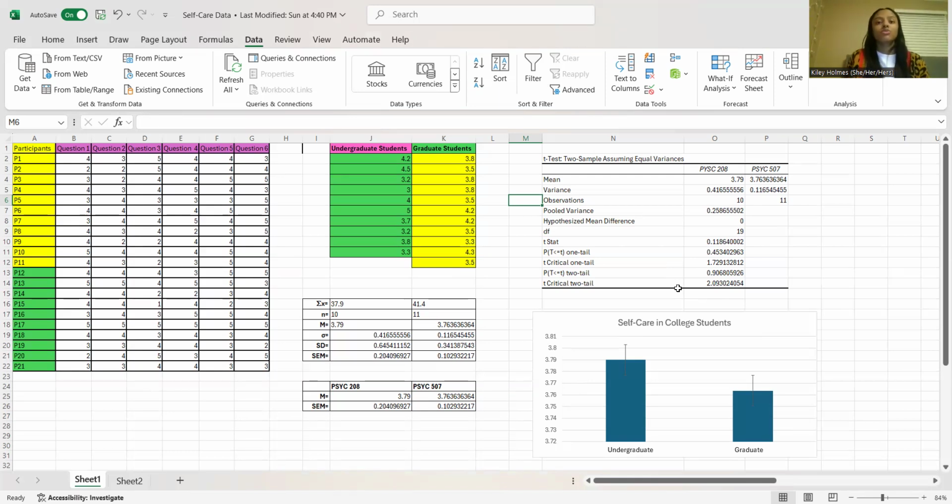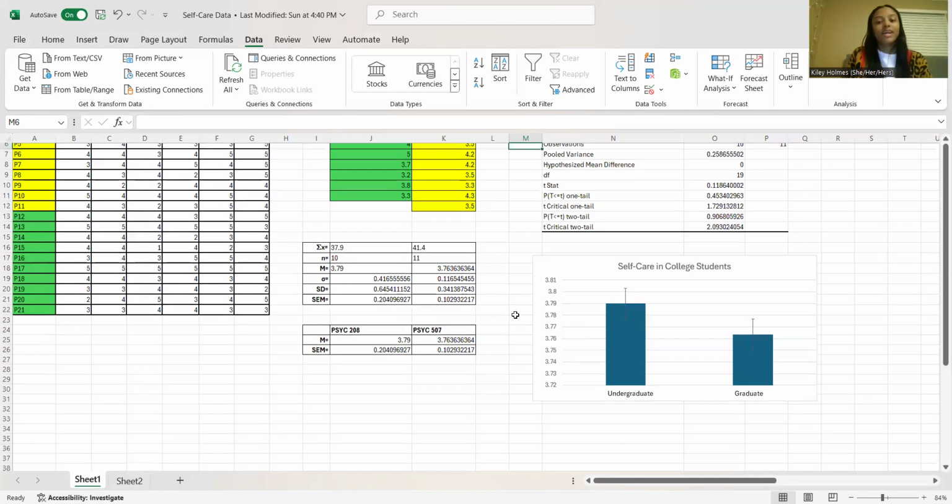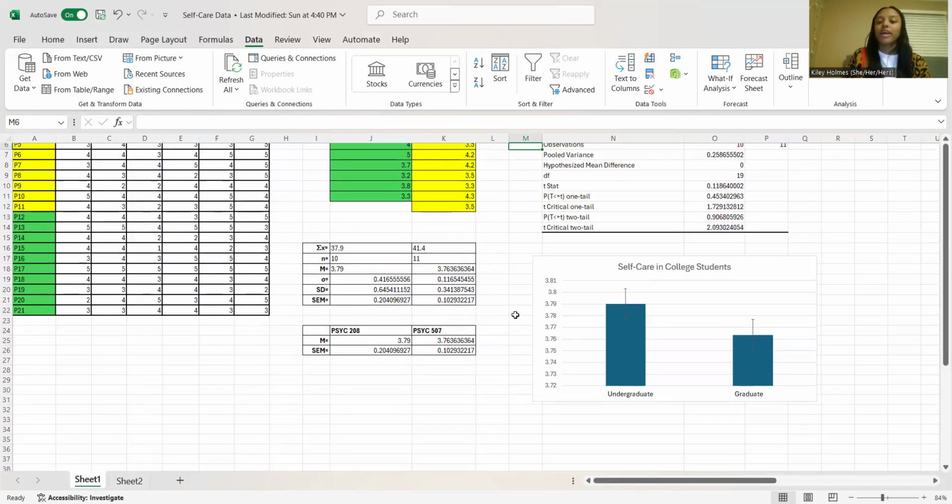And from the results, it was shown that there was not a significant difference between the two classes because the p-value was higher than 0.05. And then I went on to create my graph, which was the error bars graph.